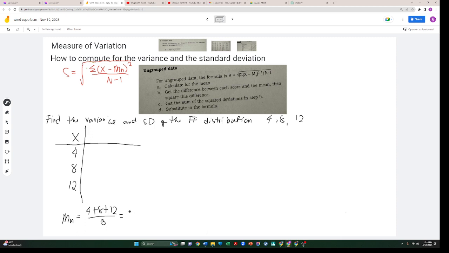So therefore, your mean is 8. Okay? After that, put a column for x minus the mean.